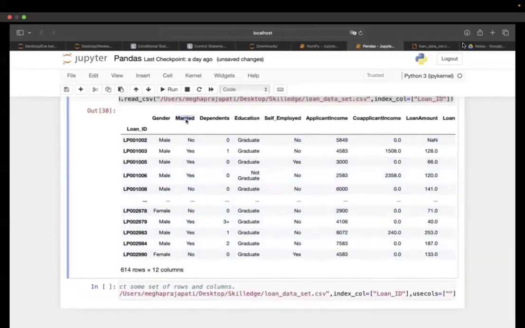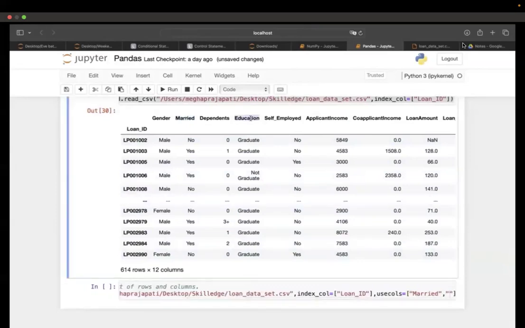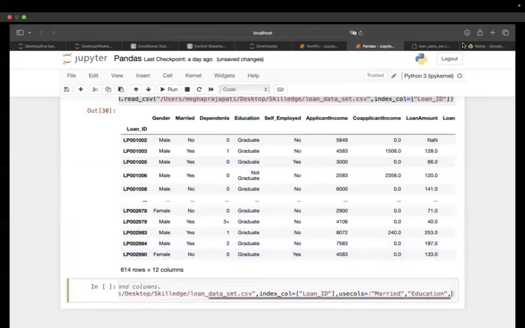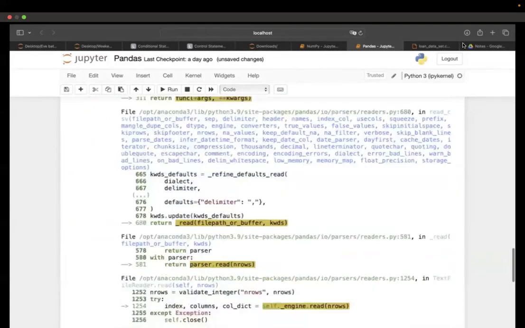Let's say married, putting one comma, education, putting one comma, and self-employed.